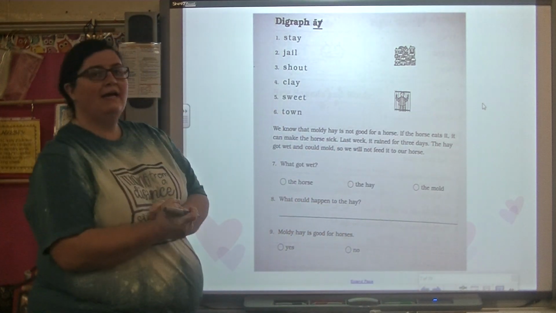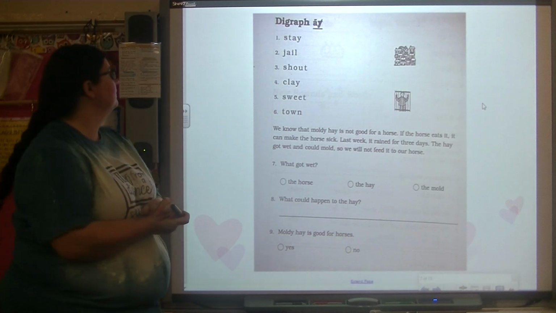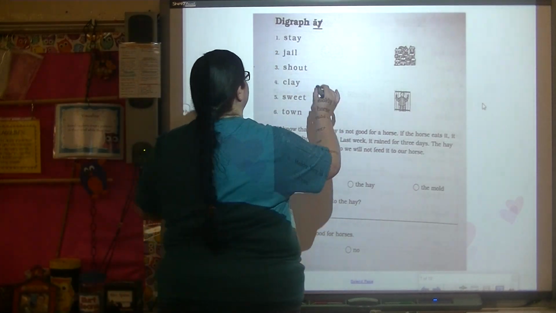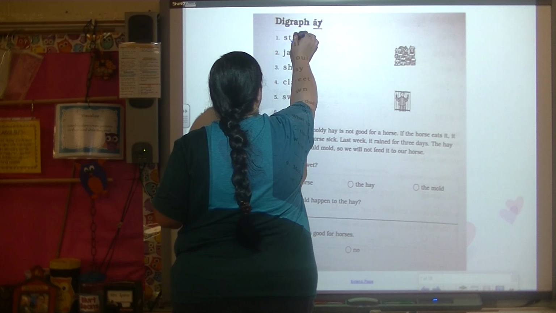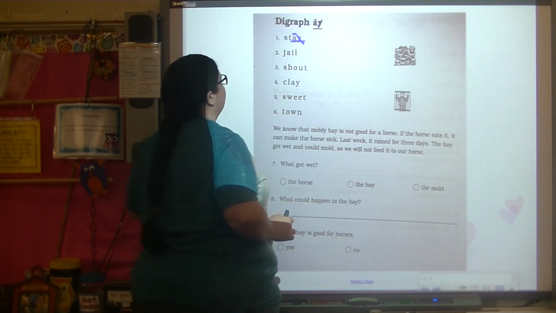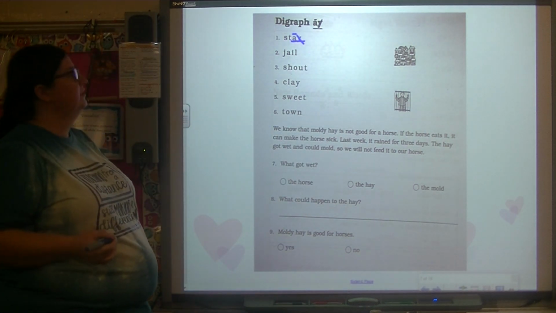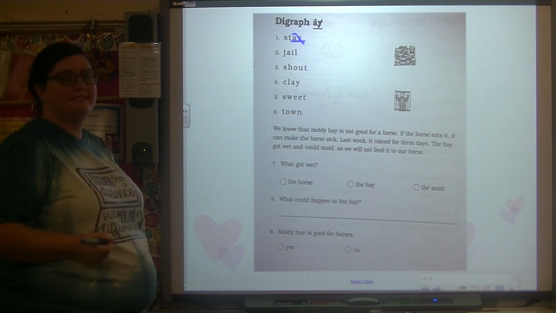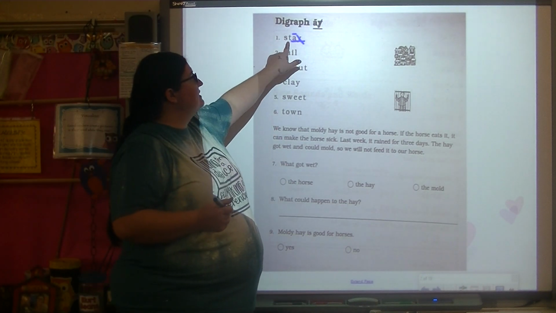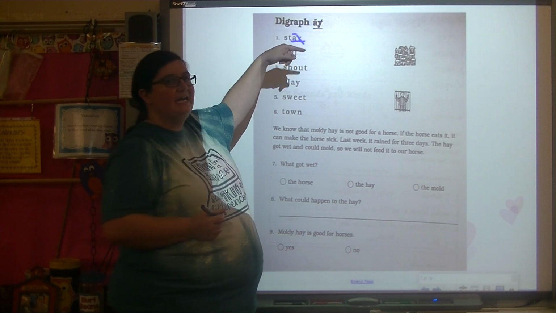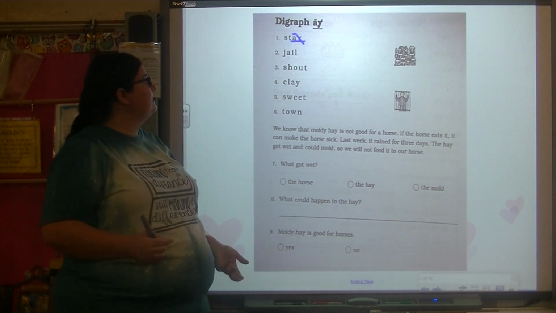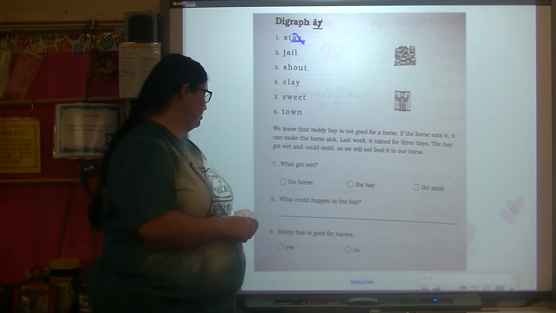Number 1, how do we code it? Digraph AY. Macron over the A. Cross out your Y. Let's sound it out. A. What word? Stay.